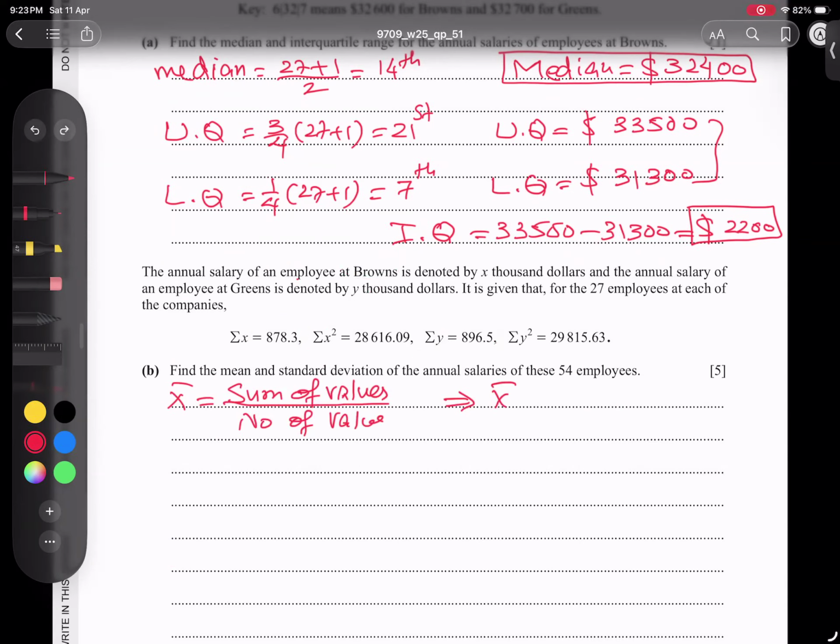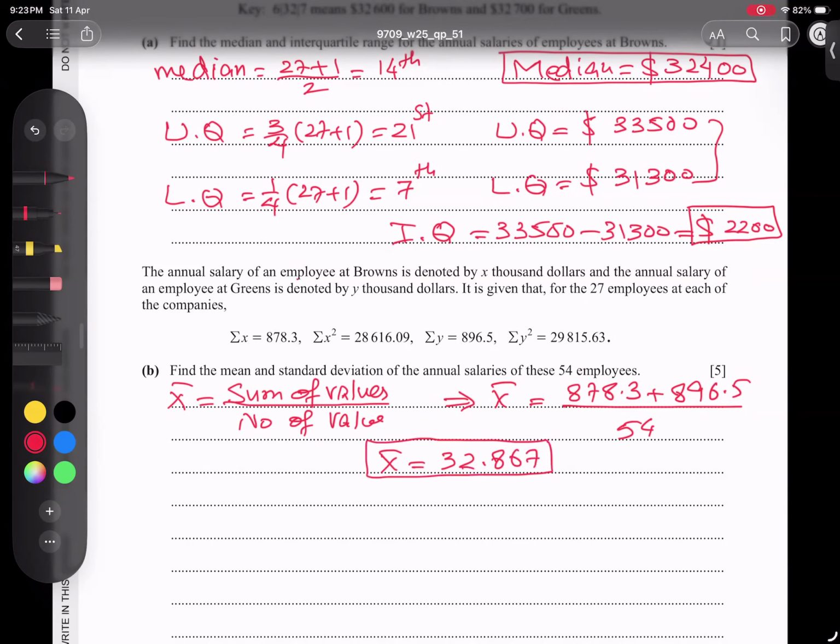So we will just add them and divide by 54. 878.3 plus 896.5 divided by 54. And we finally get the mean, which is coming to 32.867.